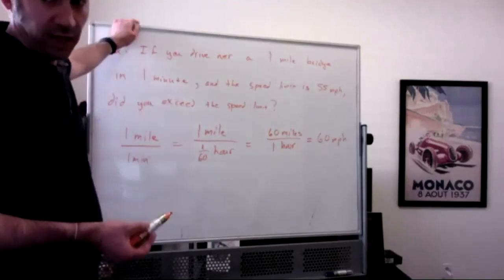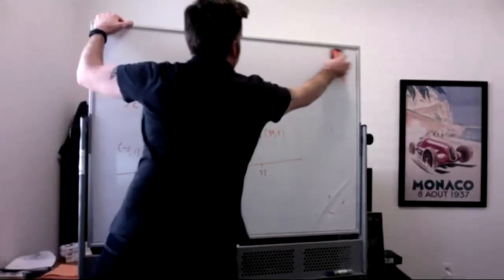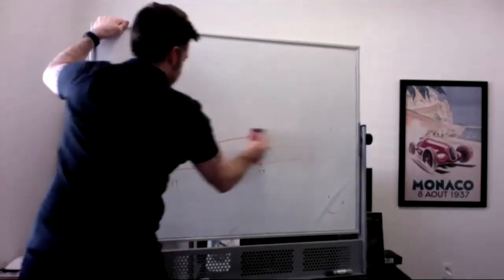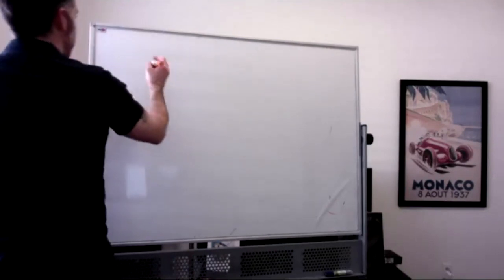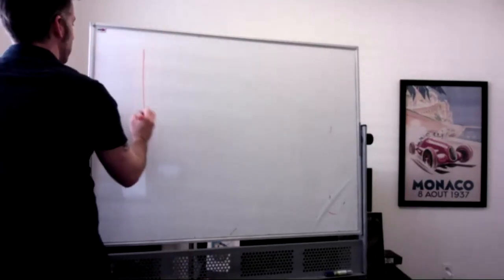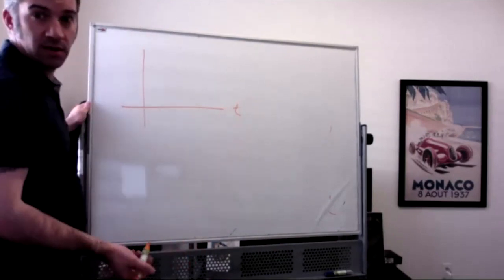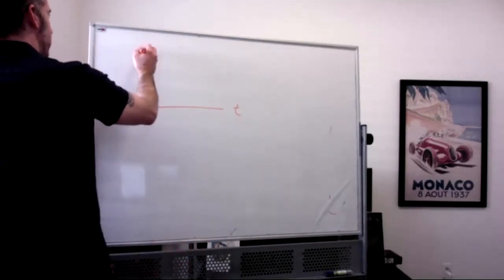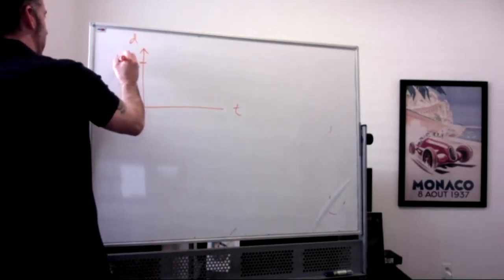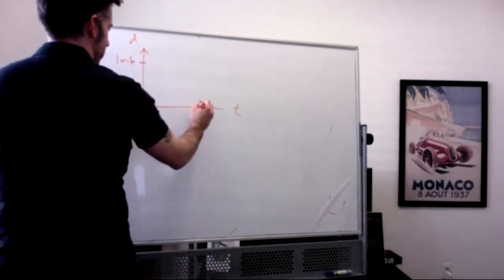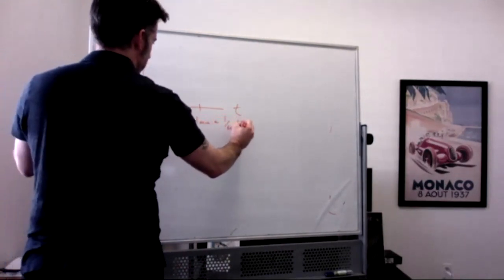Let me draw a picture to help explain this. It's still the same question. On my x-axis, we'll call the t-axis time, and on the y-axis, position or distance. 1 mile, 1 minute, which is 1/60th of an hour.